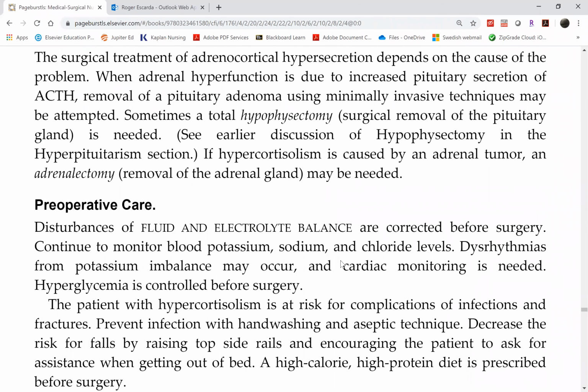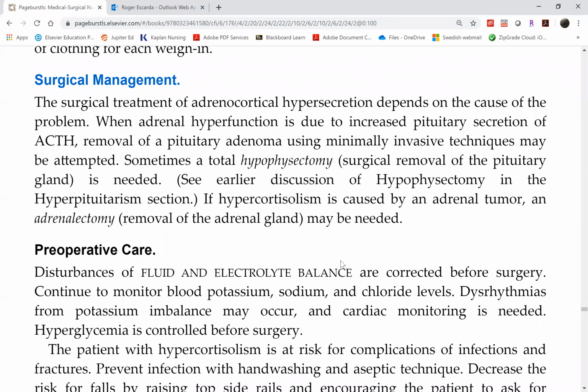So here's surgery. Now remember, before surgery, these patients have been having high salt, sugar, and sex hormones, correct? Because the causes were either, in the case of Cushing's disease, an adenoma on the pituitary gland or an adenoma of the adrenal gland, correct?